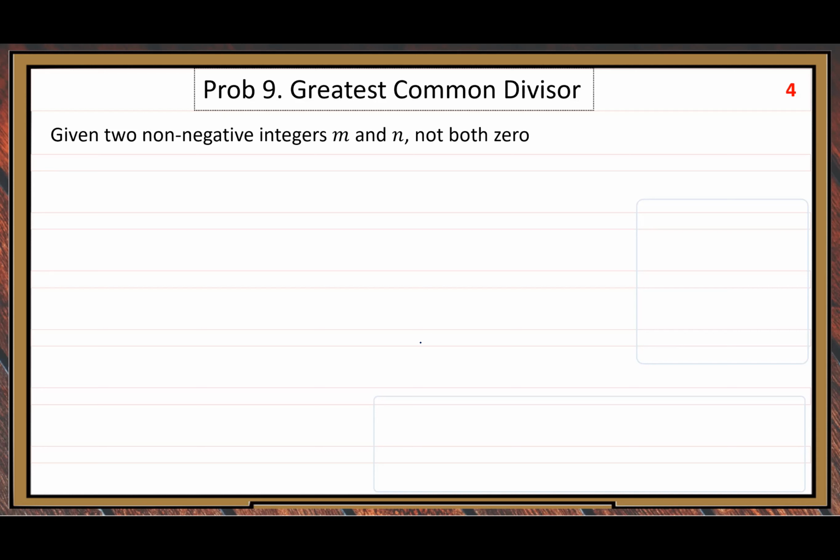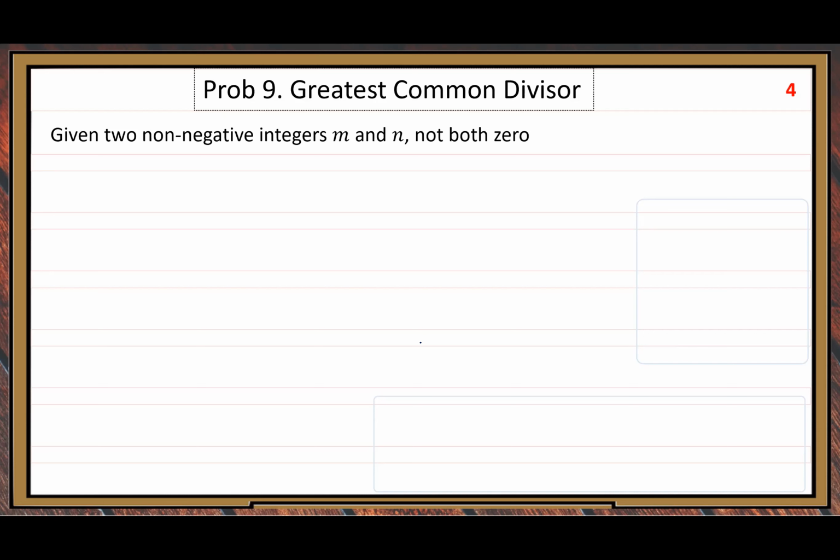Given two non-negative integers m and n, here not necessarily positive, we allow m or n to be 0. But now both 0. We do not allow n and m both 0. Why? I will explain later. The reason is quite simple, straightforward, but later we will come back to answer this question.